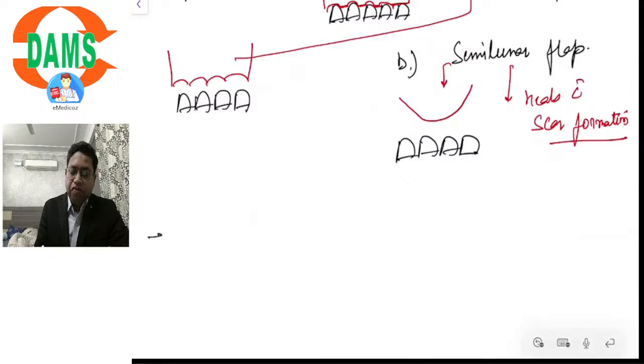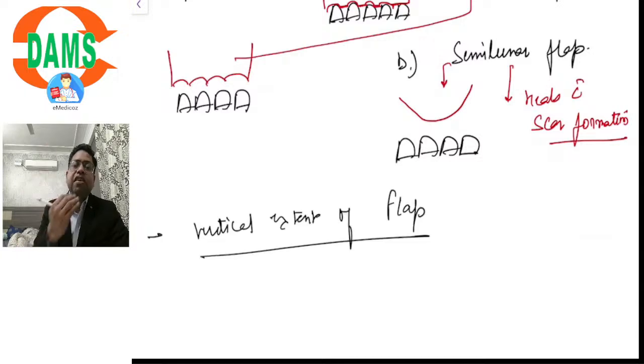Now, if we talk about the vertical extent of the flap, how deep do we have to extend the flap? What should be the vertical extent? It should be 0.75 centimeter above the root apex.